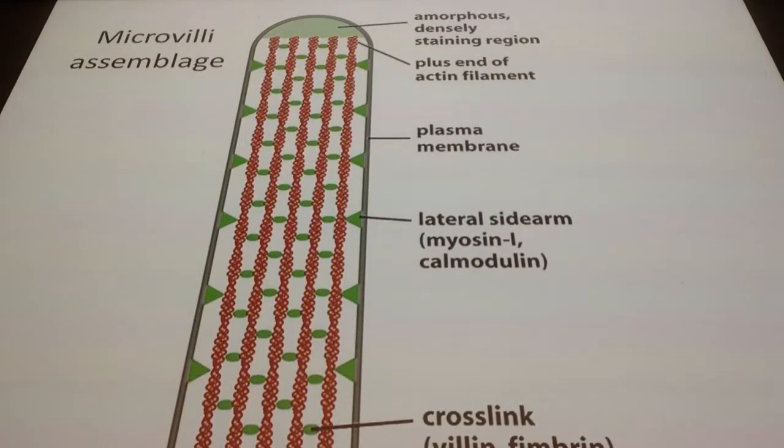So be real careful in this class that you are very particular, specific about what you say, okay? So again, the function of microvilli is to increase surface area. Why? To increase the ability to absorb material, okay?